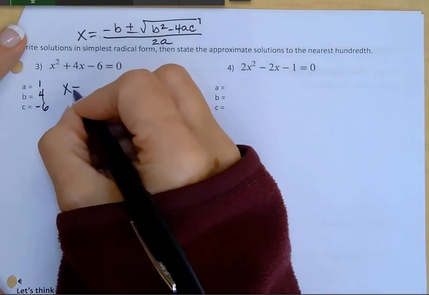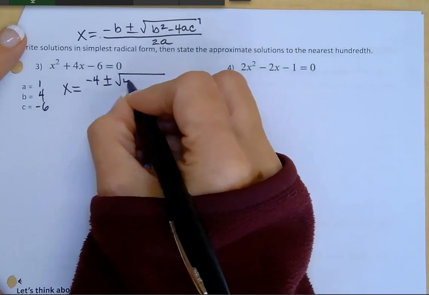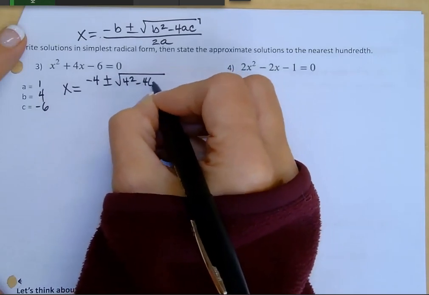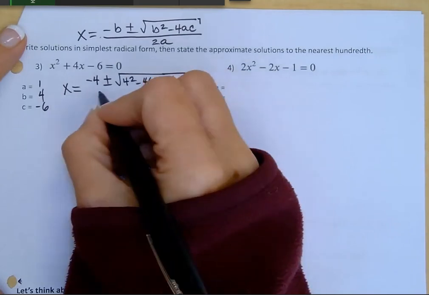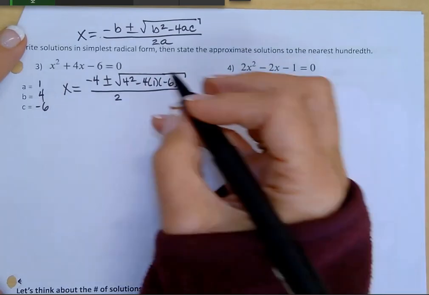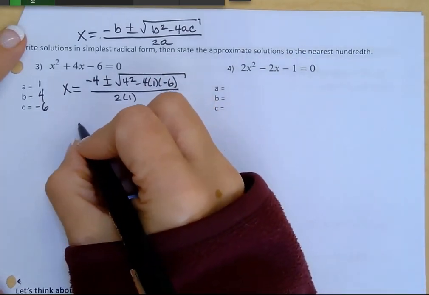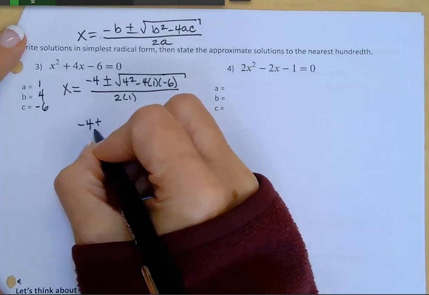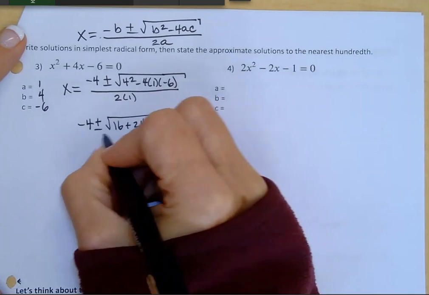So I know x equals negative b plus or minus the square root of 4 squared minus 4 times 1 times negative 6. That's 4 times a times c. And it's all over 2a, which is just 2 times 1. Okay.